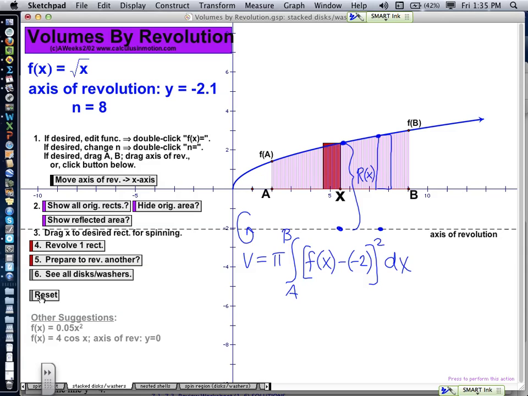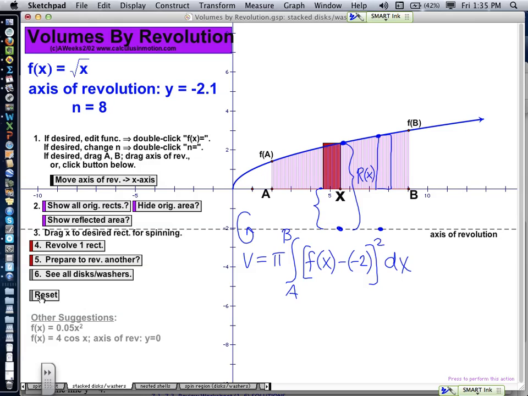So it's not quite as simple as it was before. You've got an outer radius that gets squared, and the inside radius is this right here. Everywhere along here, what's the y-coordinate? 0.